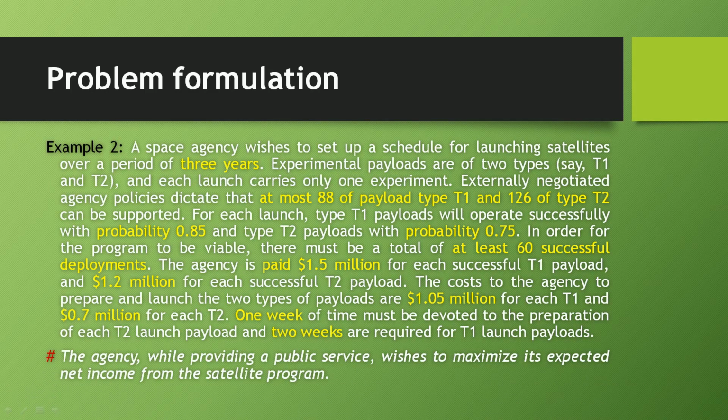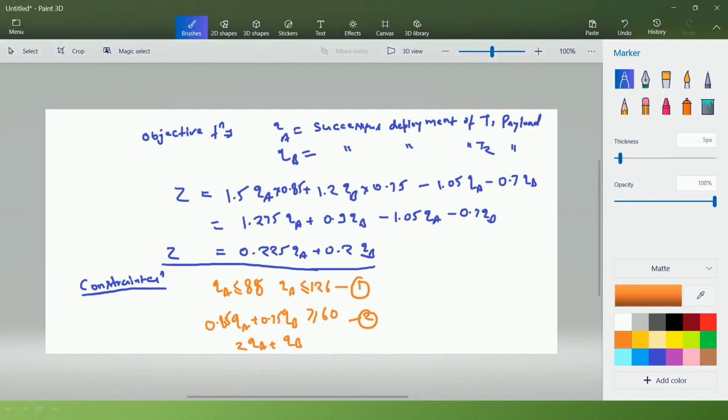We need 2 weeks for T1 launch and 1 week for T2 launch. The maximum time we have is 3 years. So considering 52 weeks in a year, in 3 years we will have 52 multiplied by 3, which is 156 weeks. So it should be less than or equal to 156.